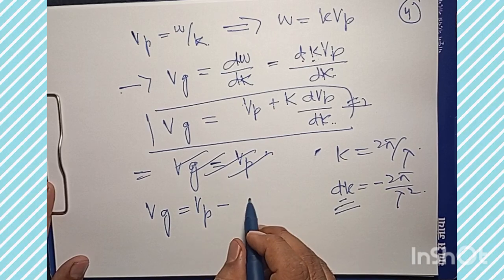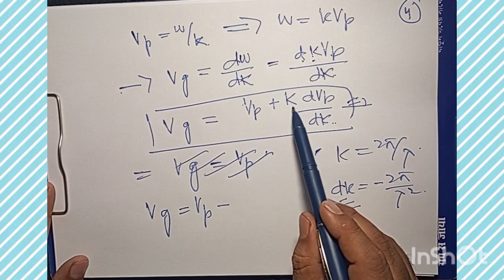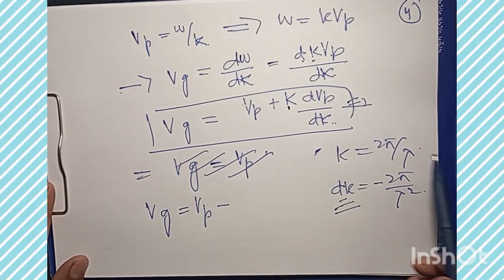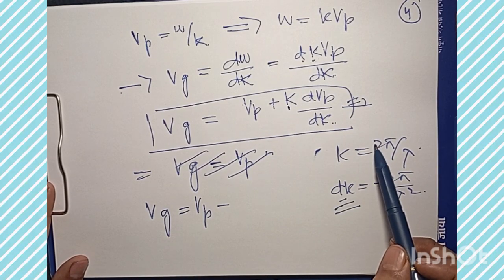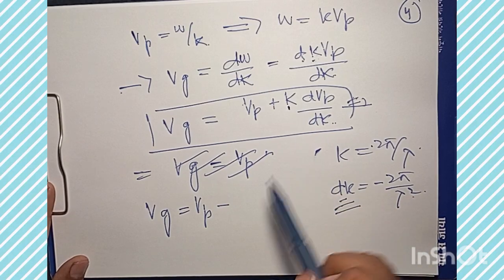minus, and there certainly will be a cancellation because we have k outside, and this k can take its value. There will be cancellation of lambda and lambda.